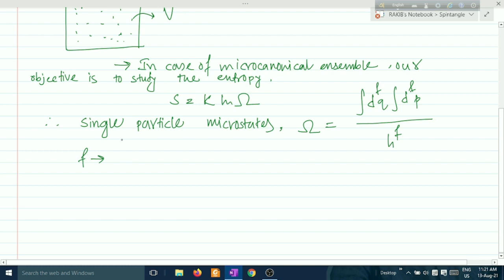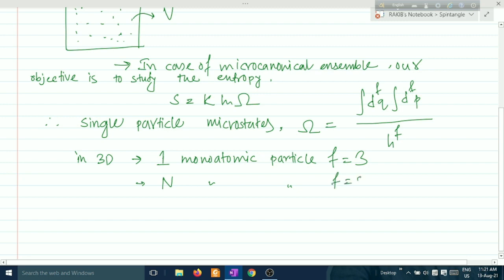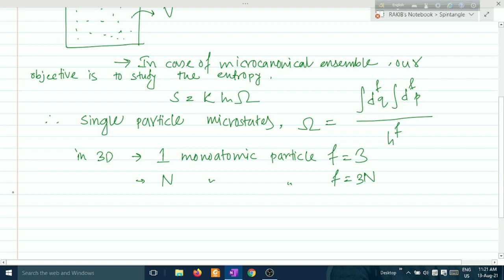f is equal to 3 in 3 dimensions. For one monoatomic particle f is 3, therefore for n monoatomic particles f will be 3n.